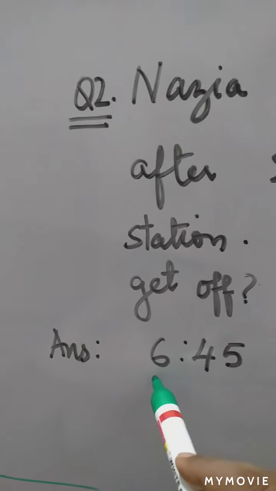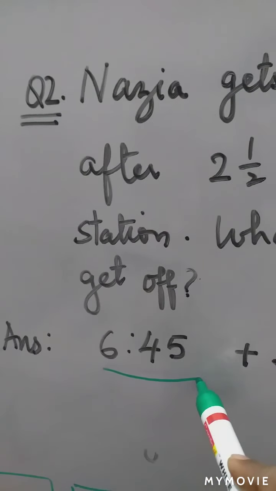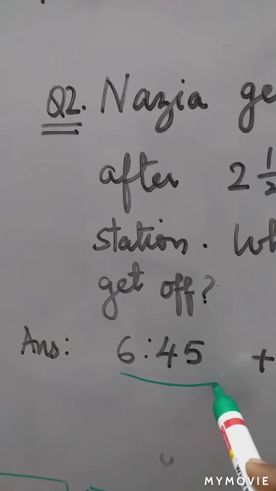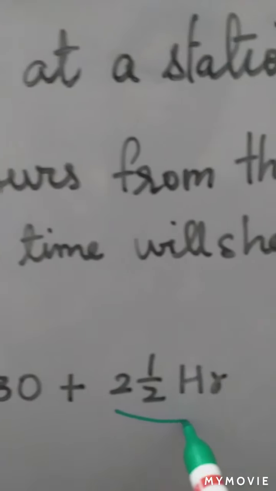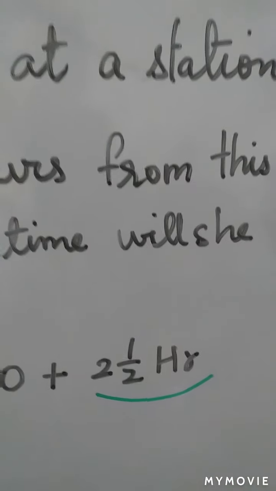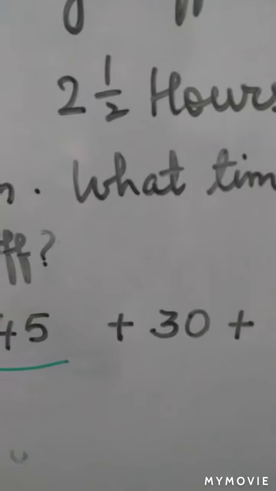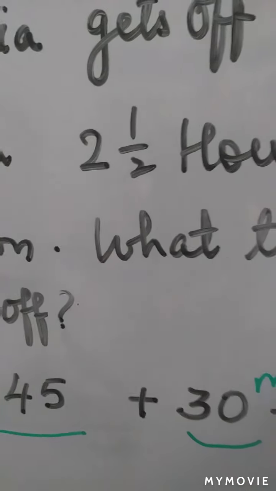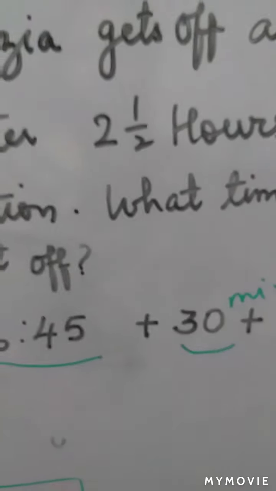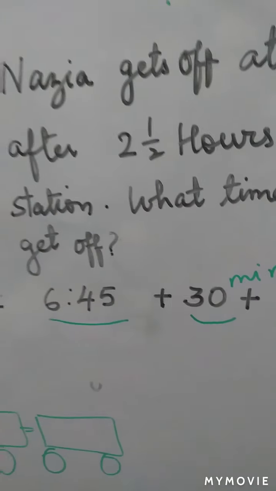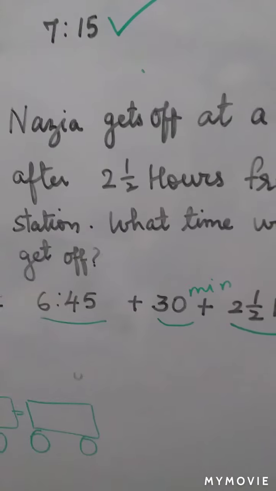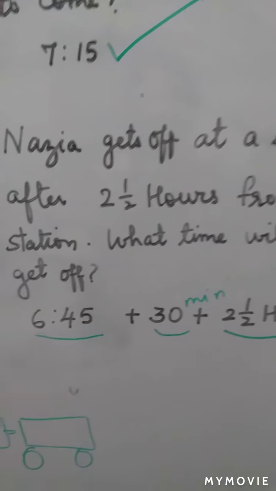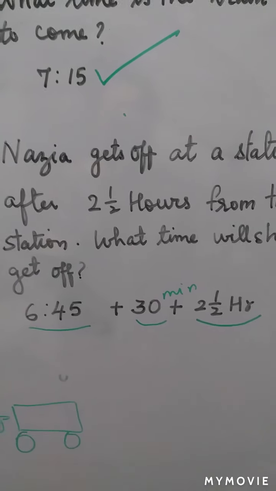That is, 6:45 the train reached the station, and 2.5 hours she is traveling, but the train was 30 minutes late, so we have to add 30 minutes to the time to find out when she is getting off the train.